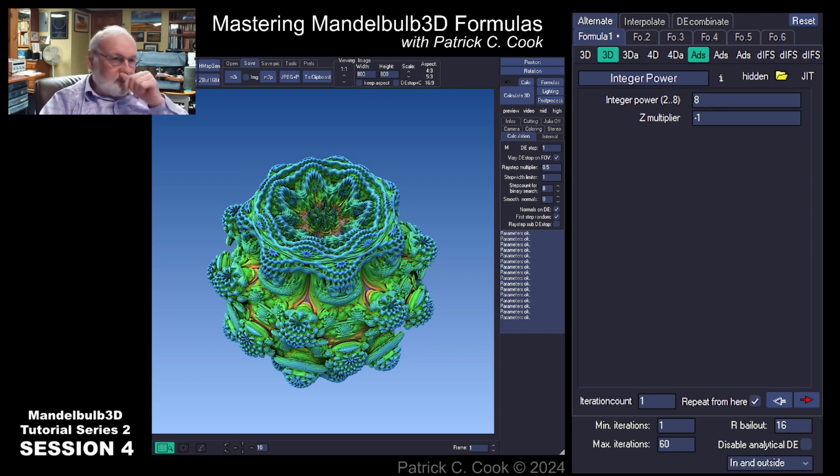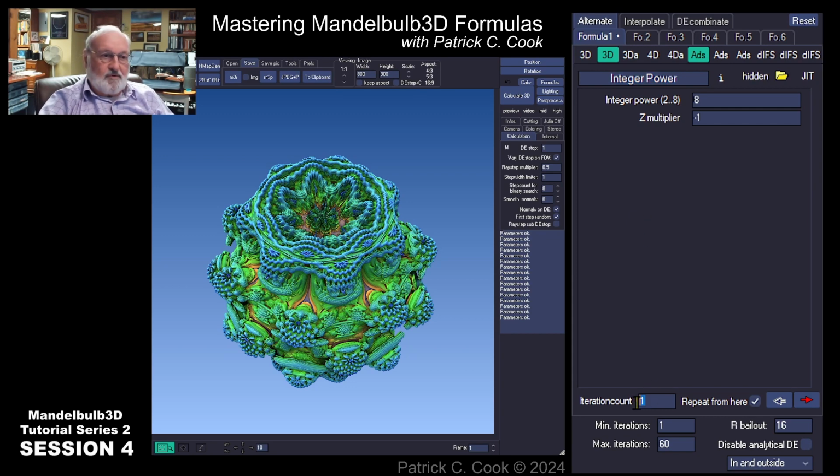I had pointed out in the previous session that the iteration count value down here within this panel applies to the formula. Let me just prove that to you. We have a formula here assigned to formula slot number 1. It's called integer power.